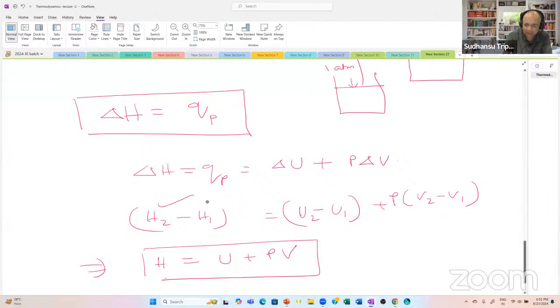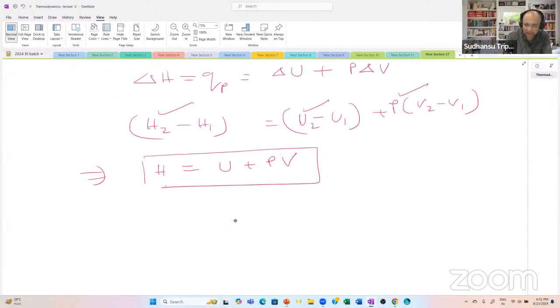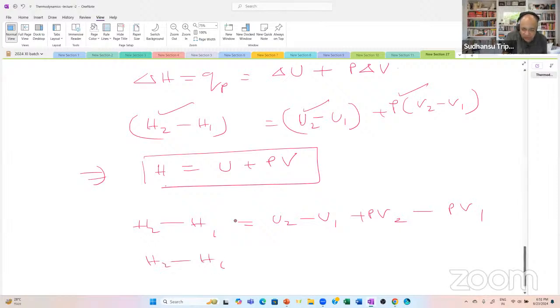So if you compare, H2 minus H1 is equal to U2 minus U1 plus PV2 minus PV1. If we make a group, H2 minus H1 is equal to U2 plus PV2 minus U1 plus PV1.